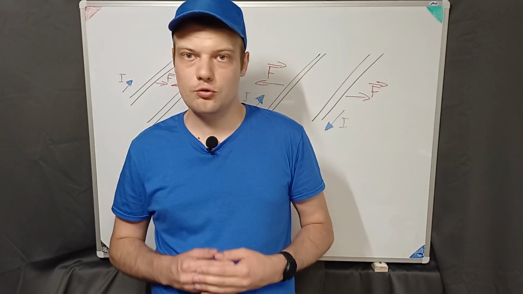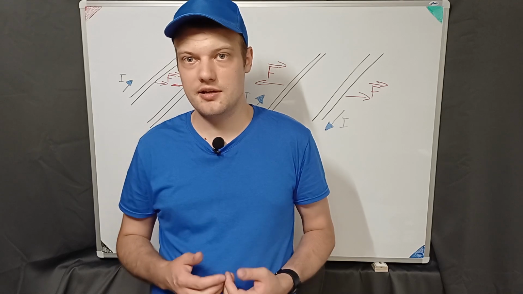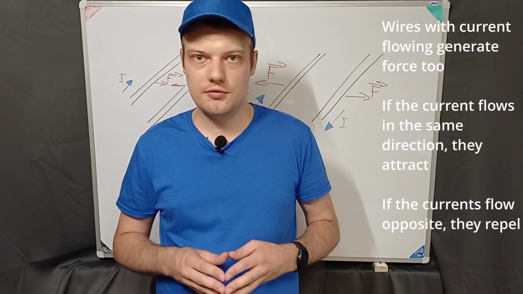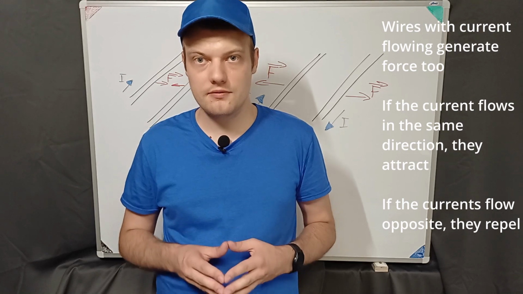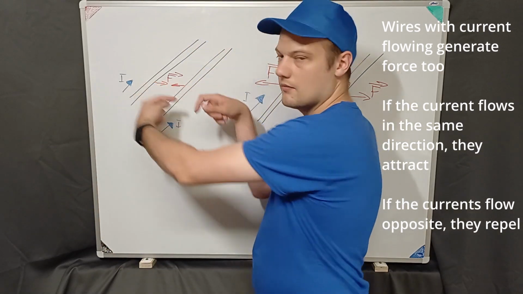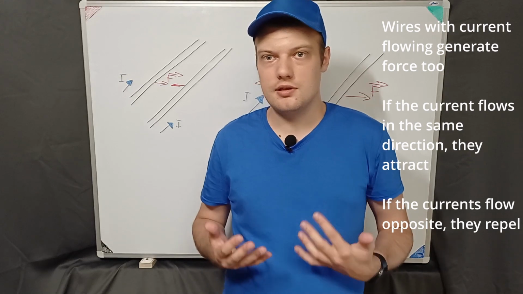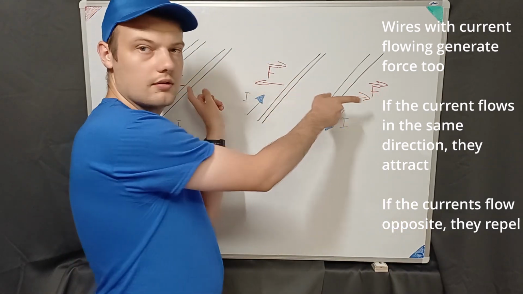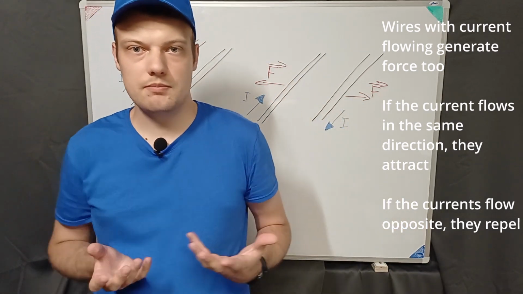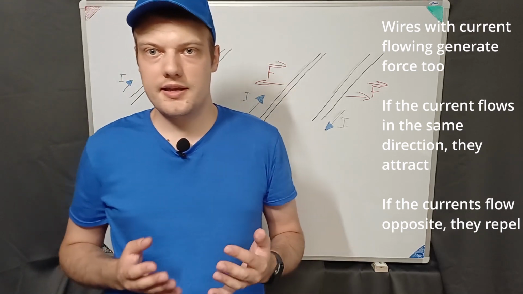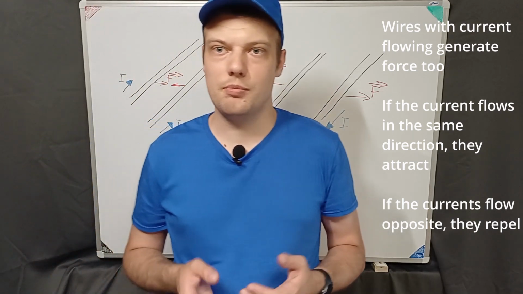And if you have two parallel wires carrying current, they interact too. If the current flows in the same direction in both, they attract. If the currents are opposite, they repel. Just like people, working together brings them closer, working against each other pushes them apart.